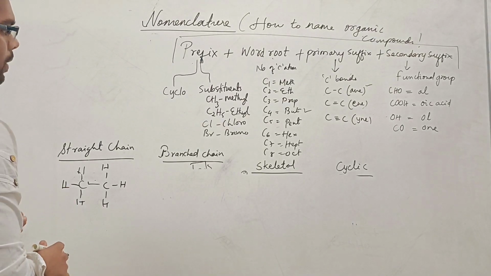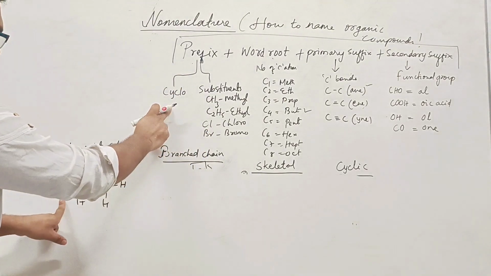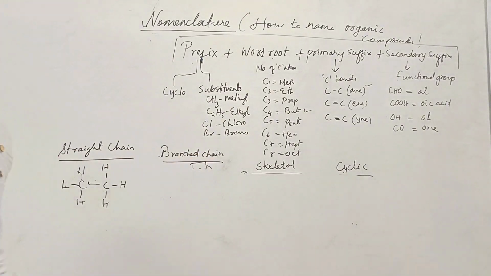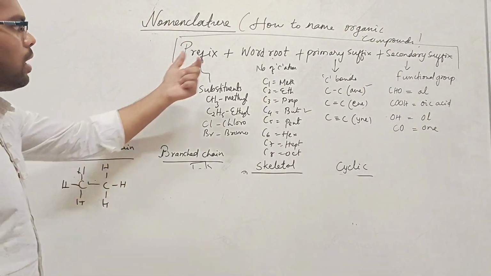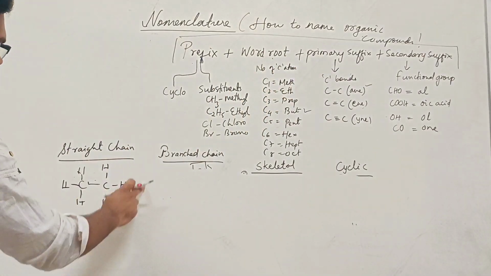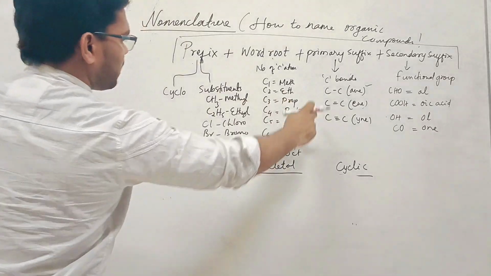First we have to see what the prefix is. It is not a cyclic compound, it is a straight chain. There is no chlorine, no bromine, no ethyl group present. So you skip the prefix. Now comes the word root. Word root is the number of carbon atoms present in this organic compound. How many carbon atoms are there? 1, 2. 2 means eth.